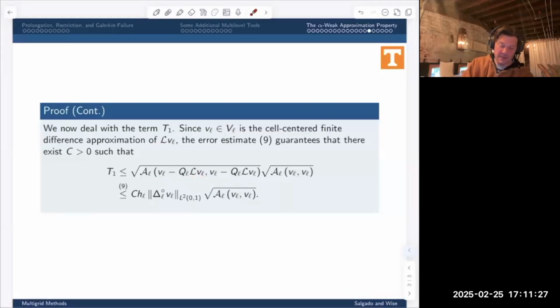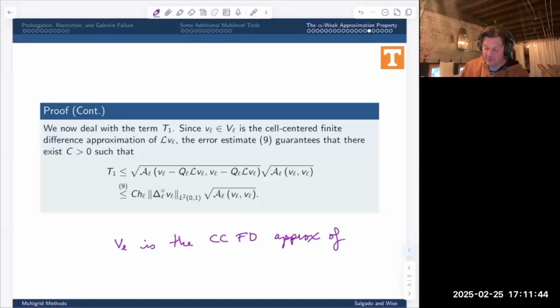Let me write that in words. VL is the cell-centered finite difference approximation of its own lifting. Bam.